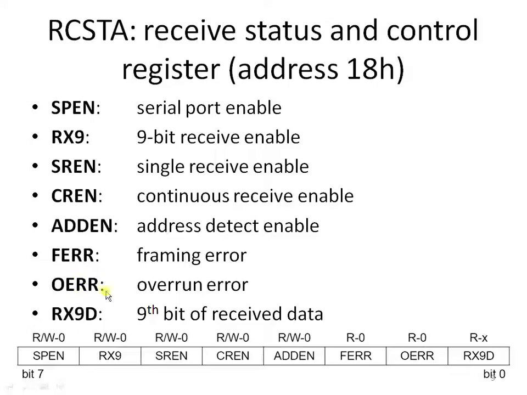And then overrun error. Now this happens when the external peripheral wants to send 2 or 3 characters to the UART. It has transmitted 1 character, and that character is placed inside one buffer, the receive buffer. Now the processor did not read that particular character, so it is still present in the buffer register.